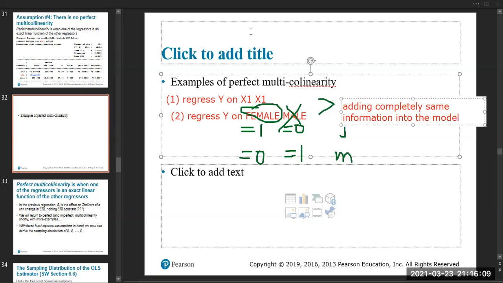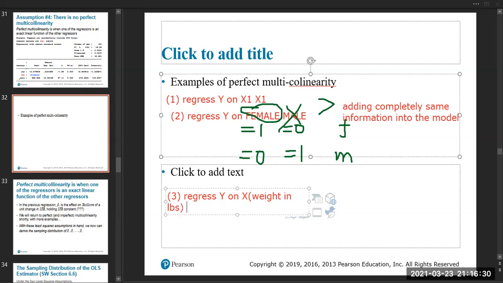Okay, so how about this one? Regress y on x1 and x2. x1 is weight in pounds, and x2 is weight in kg.